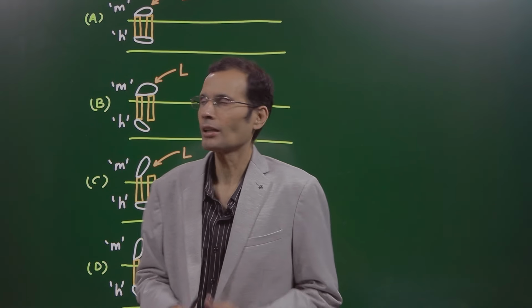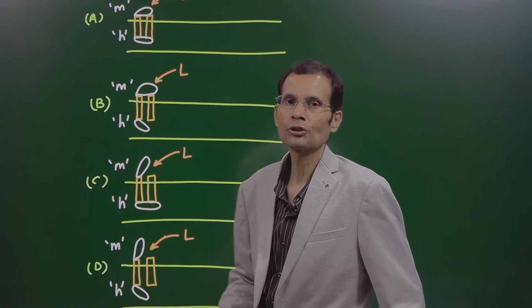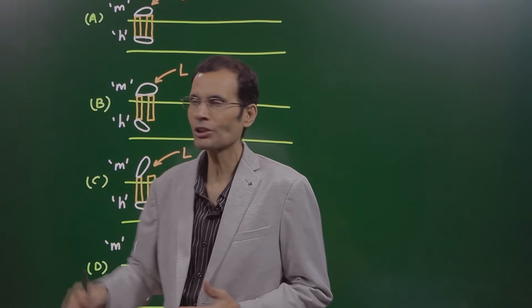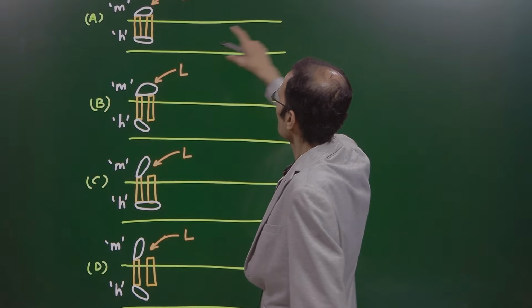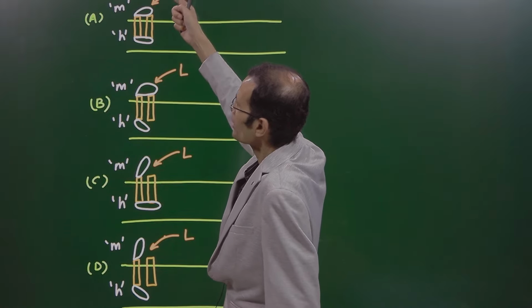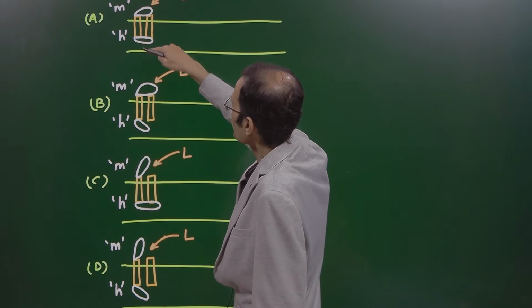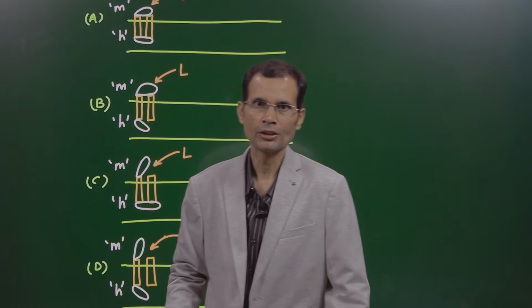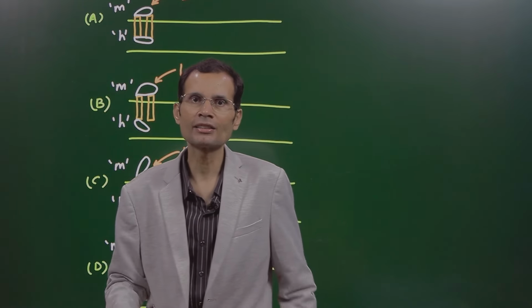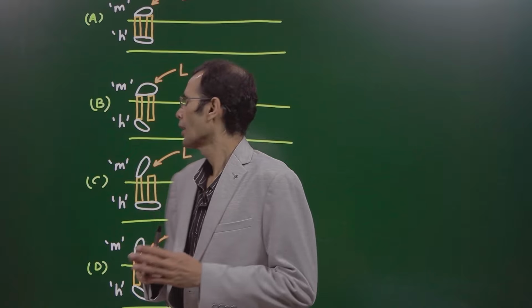Look, the voltage gated sodium channel, which allows sodium influx, depolarization and impulse propagation, has two gates. If you see this nerve fiber, there is the M gate on the outer aspect of the nerve, and the H gate on the inner aspect of the nerve. M gate is the activation gate and H gate is the inactivation gate.